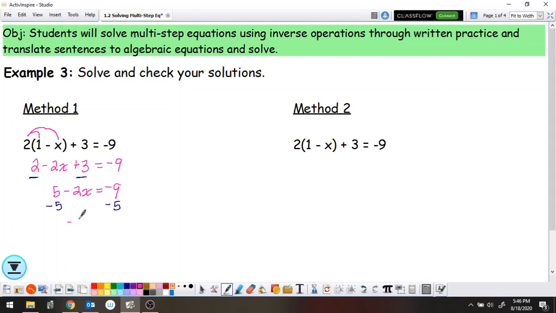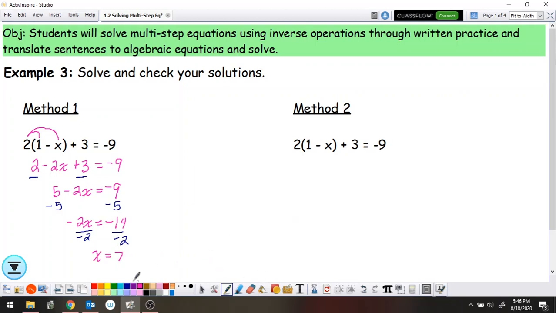That leaves us with negative 2x equals negative 14, and then divide both sides by negative 2, and we have x equals positive 7, because a negative divided by a negative is positive.